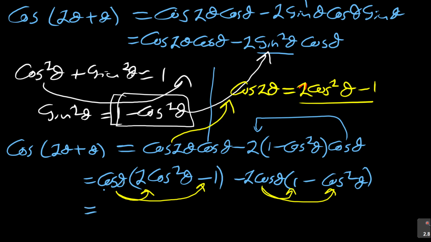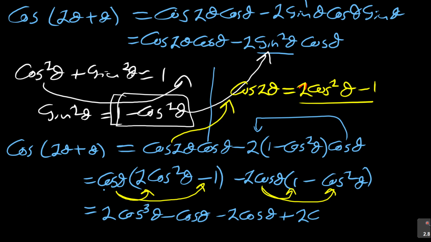What do we have? Cos theta times 2 cos squared is 2 cos cubed theta, minus cos theta, because it's times 1, minus 2 cos theta, and then negative is plus 2 cos cubed theta.